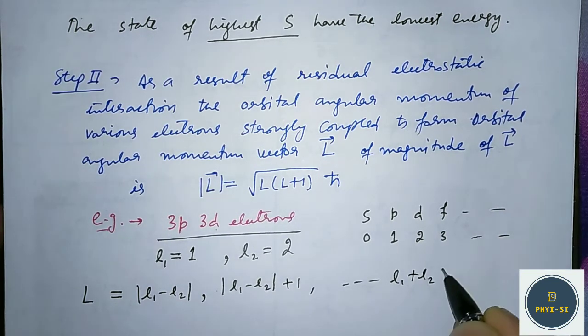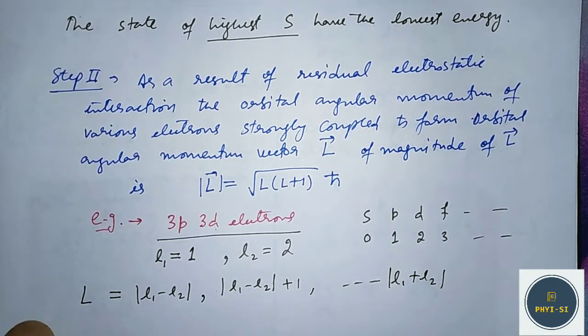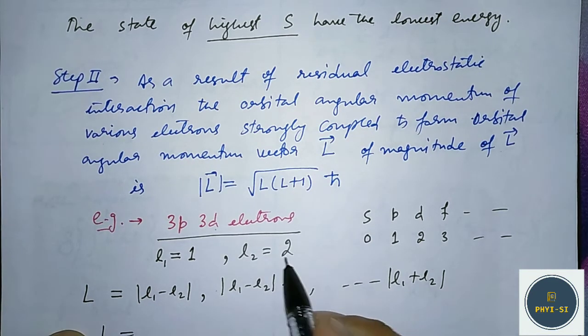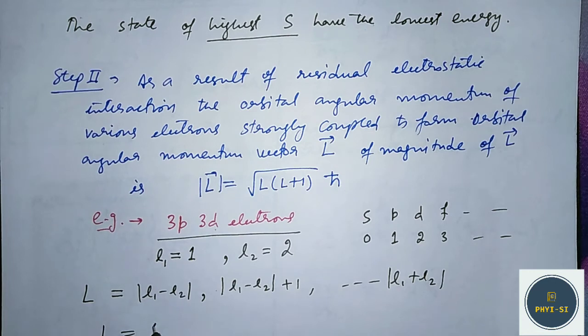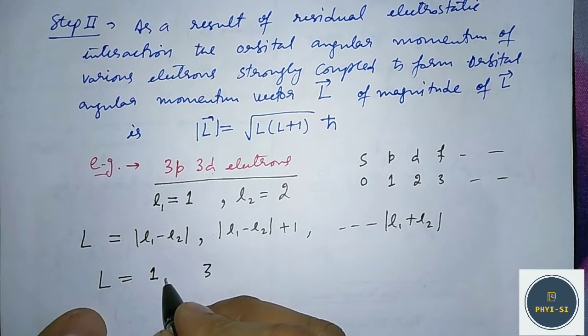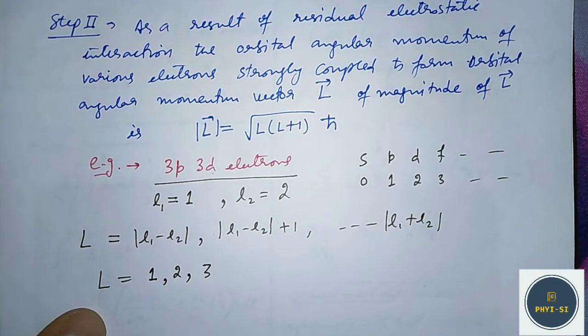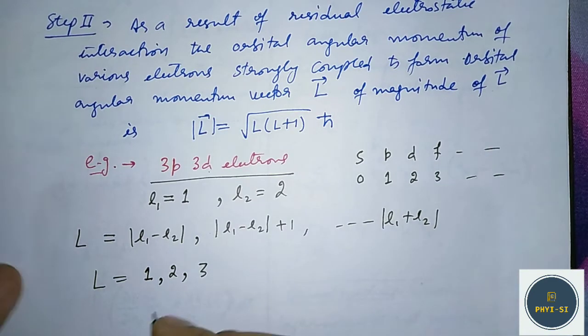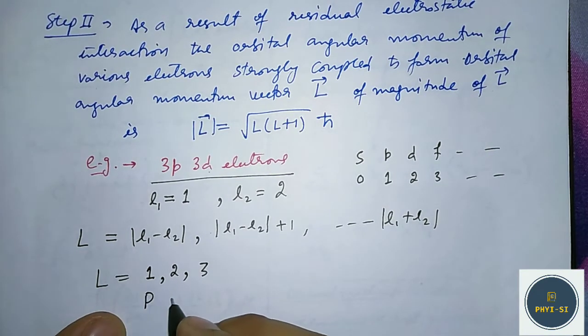So 2 minus 1 is 1, and 2 plus 1 is 3, and going in steps of 1, we have L equal to 1, 2 and 3. So we have three values of L: a p state, a d state and an f state.